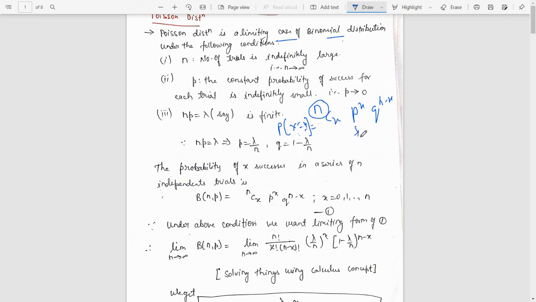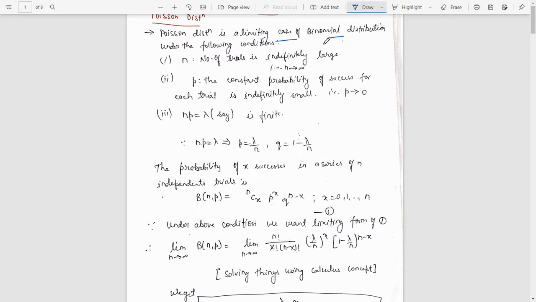The success probability was p, and the failure probability was q, which is equal to 1 minus p. Okay, so this was the basic setup, and now we will see how the Poisson distribution is the limiting case of the binomial distribution. We will not go into the proof, only the intuition.